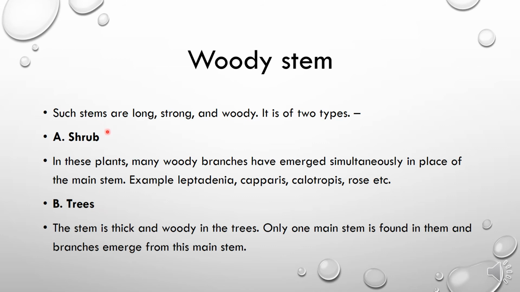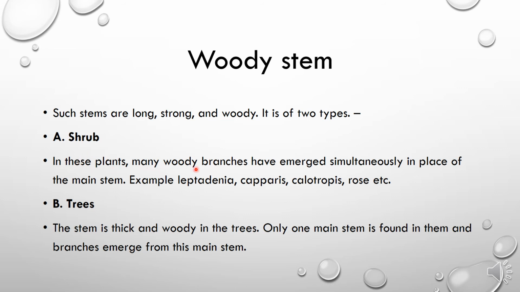Shrubs are those stems which grow above the ground to a certain height. They do not grow to a very long height. They do not attain a height like a tall tree. They grow at a certain position near the ground, above a certain level of the ground.